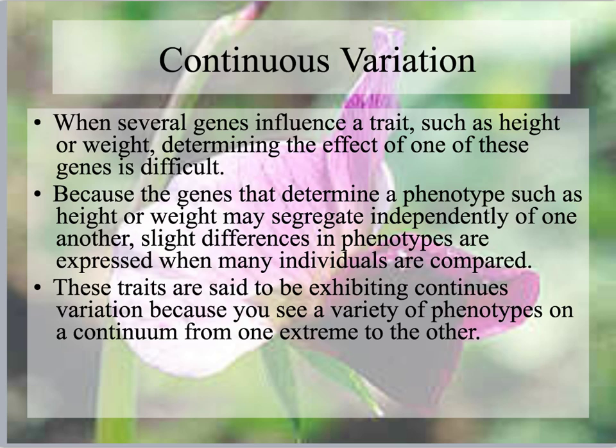And so we tend to see continuous variation shown out in a spectrum, meaning there's a lot of different varieties of height. If you have, for several genes, you could be completely recessive, you could be completely dominant, or somewhere in between. The most likely scenario would be that you're in this middle area.